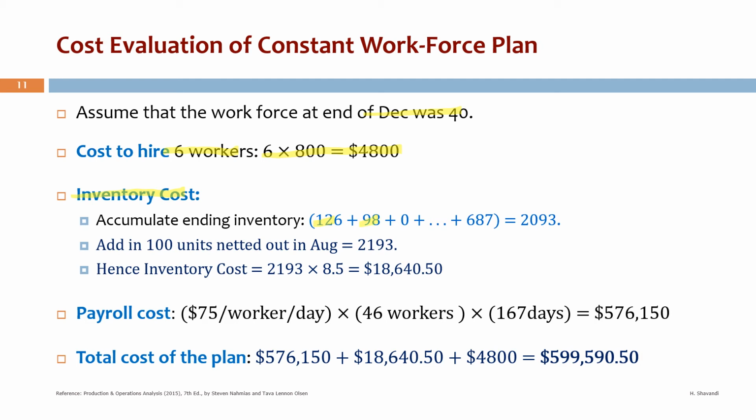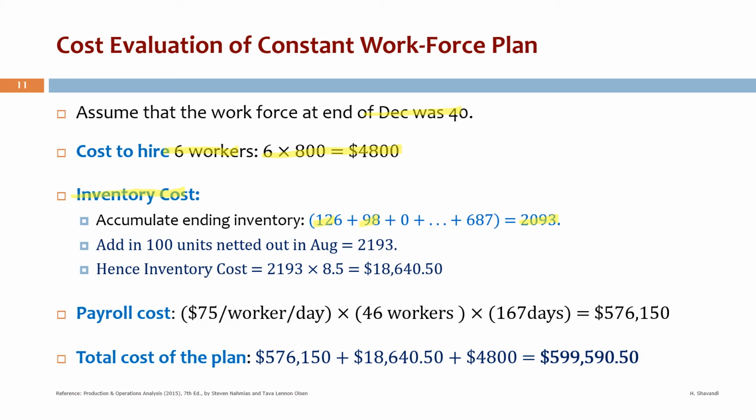So we just easily add up these numbers in order to have the total inventory per month, in cumulative. And as you remember, in August we assumed that we want to have 100 units in the warehouse, right? And the net demand that we had over there includes this 100 units.